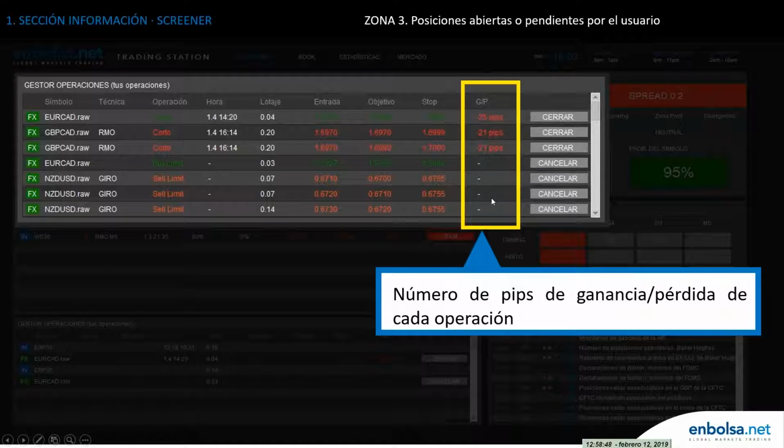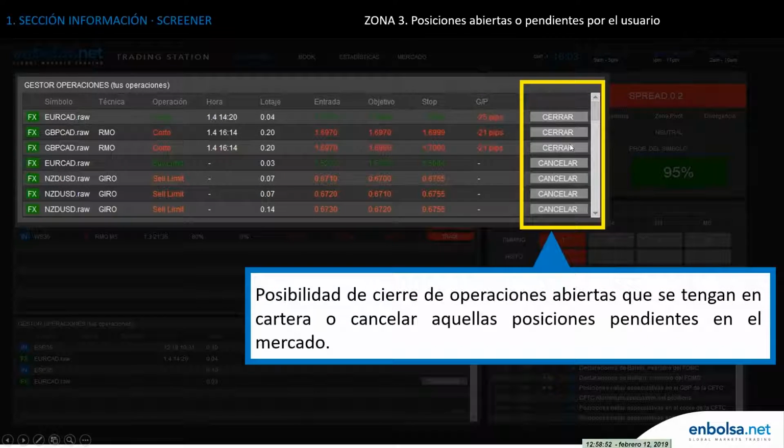When you have lost them, they will appear in red and in green when you have won them. And lastly, in the last column, we have the close and cancel buttons, so all the trades can be closed just by clicking the close button, and those operations placed on the market but not executed can be removed from there by clicking the cancel button.